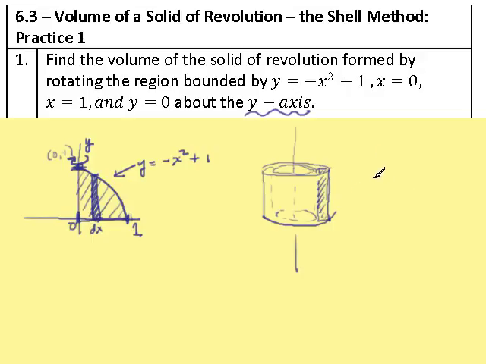Now let's remember what the area of a cylinder is. The outside of the cylinder has area 2 pi r h: 2 pi r for the circumference and h for the height. And now if we are interested in the volume of the shell, we're going to multiply by this thickness that we call dx.